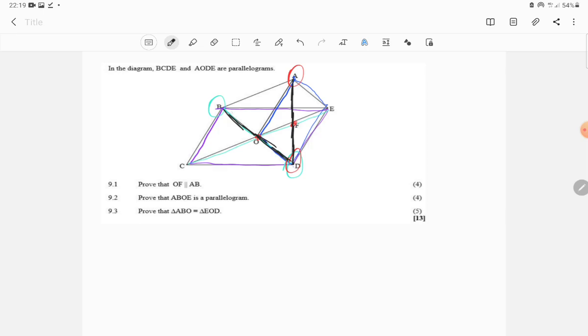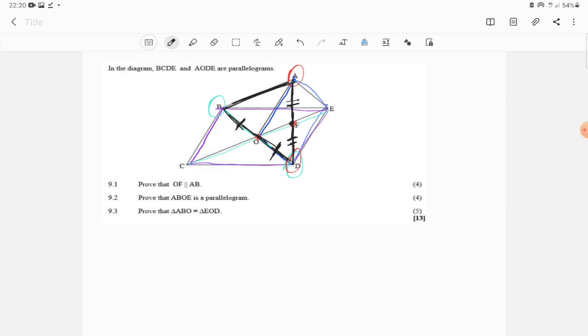To make things clear, BO is equal to OD, because O is the midpoint of BD. Then AF is equal to FD, because F is the midpoint of the diagonal AD.